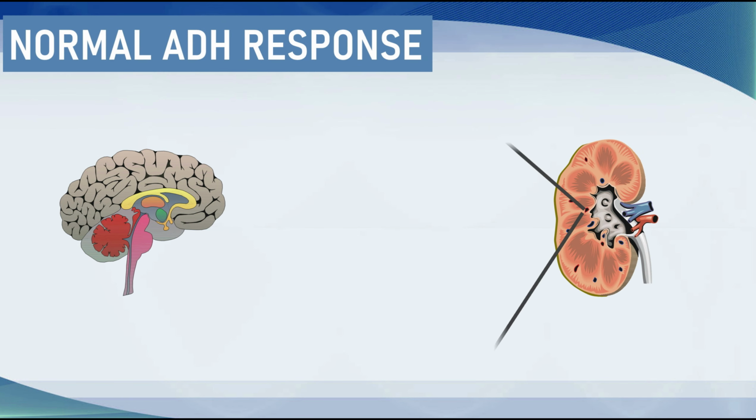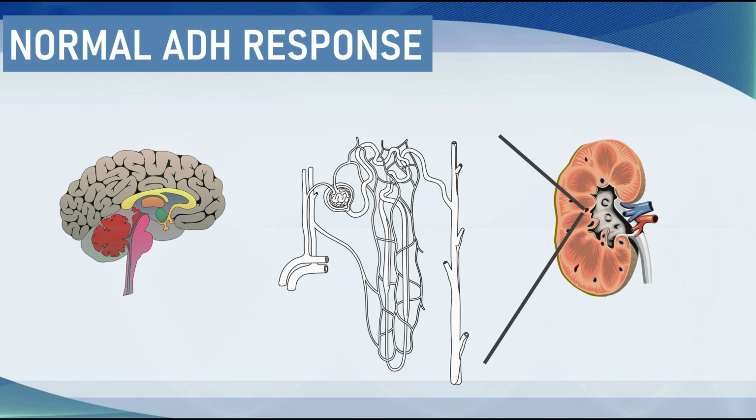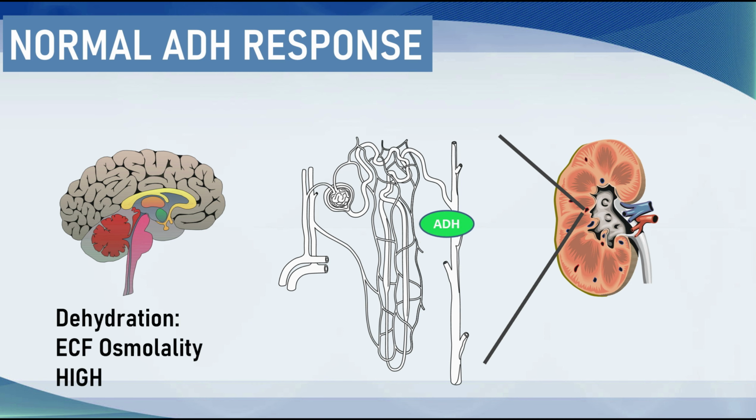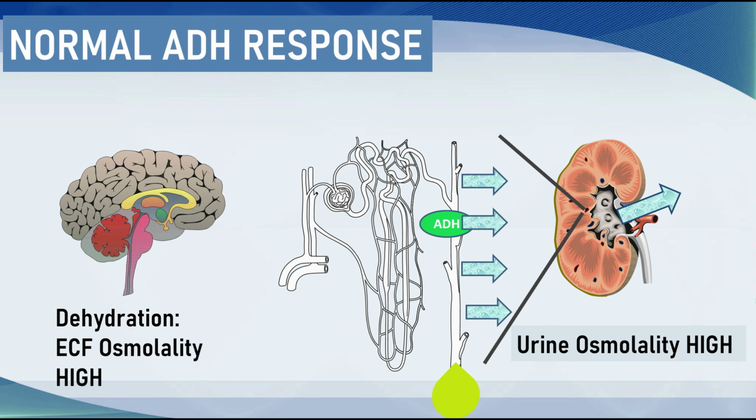Normally, when a patient is dehydrated, the extracellular fluid osmolality goes up. As a consequence, antidiuretic hormone is produced and lots of water is reabsorbed from the collecting ducts and the distal tubule of the kidney, and the urinary osmolality is very, very high.